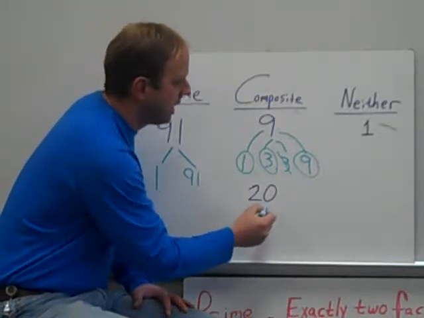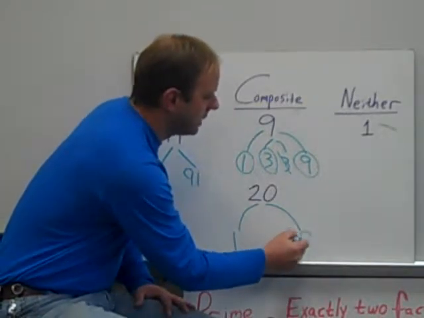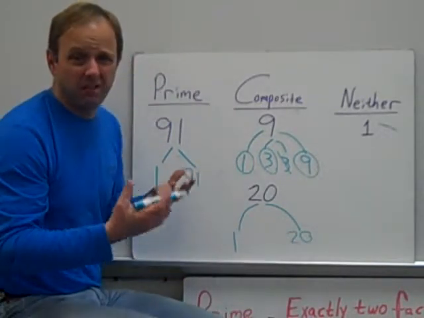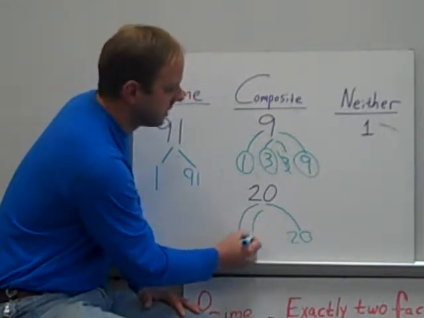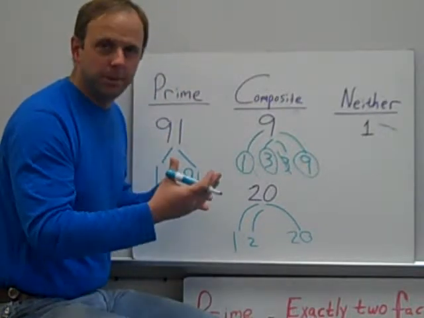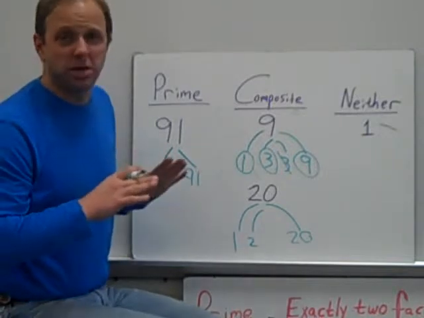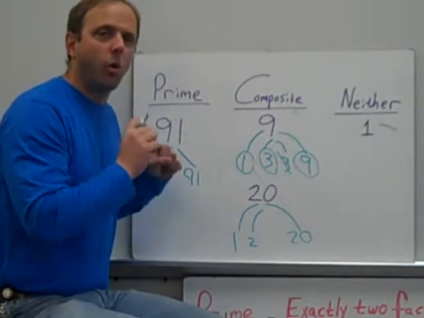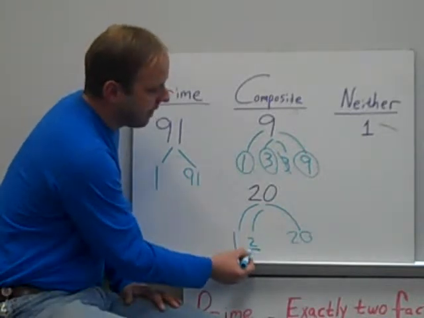Now the number 20, we start with 1 and 20. I picked that because a lot of you guys are going to be very comfortable with this number. You're going to know things like 2 times 10 and 4 times 5 all give us 20. But when we're deciding just whether it is prime or composite, then we only need to find that third factor.